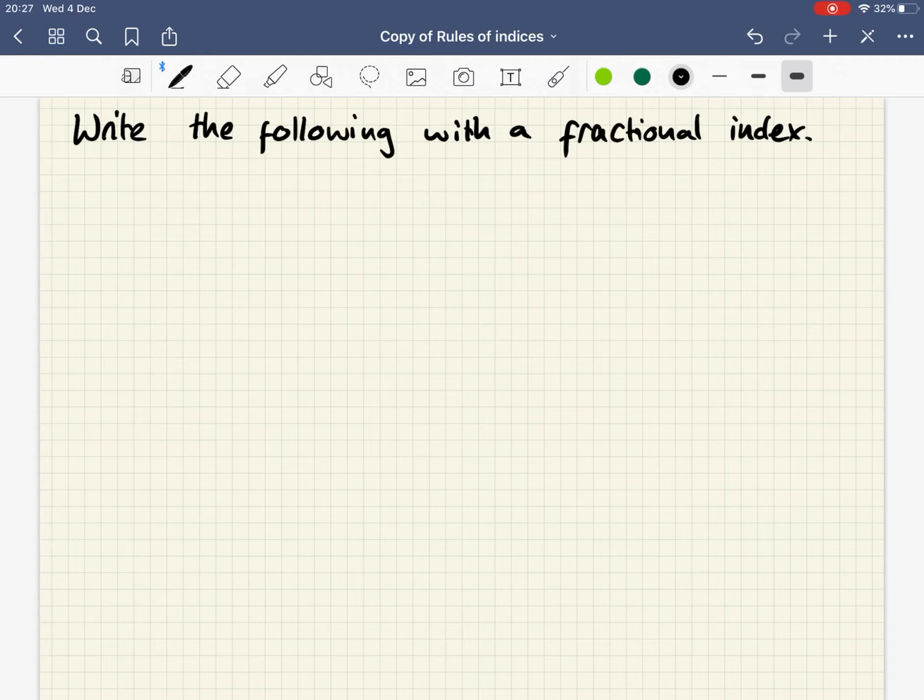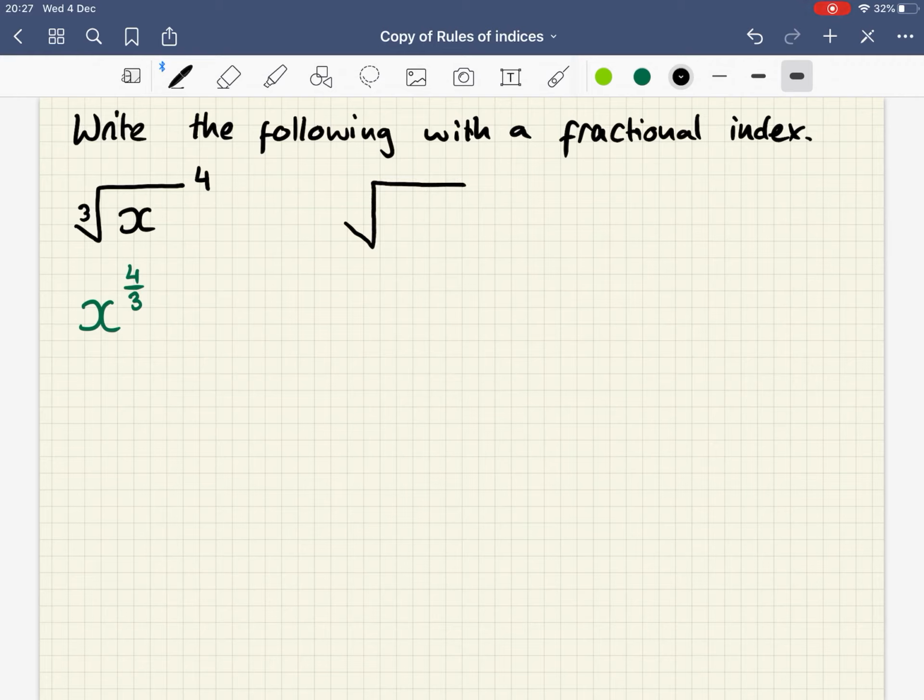So if I have an example like the cube root of x to the power of 4, I know we're gonna have x as our base. Now the bottom is our root, so that means 3 is gonna go down here, and the flower is our power, so that means 4 is on the top.